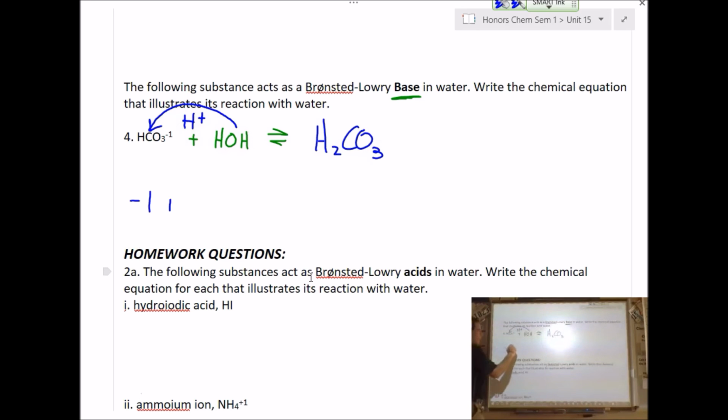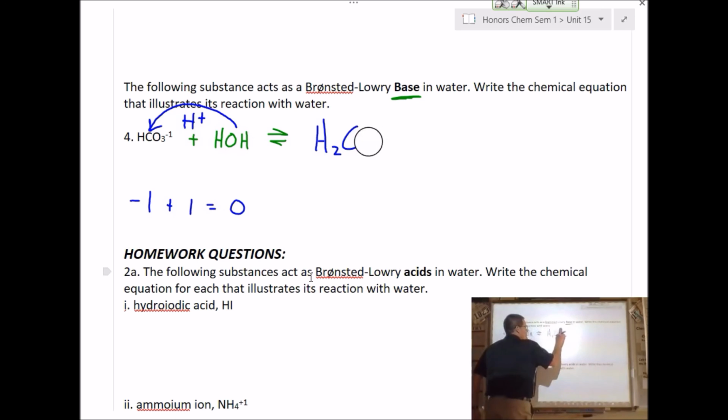So -1 plus 1, 0. Okay. Anybody remember what H2CO3 is called? No, it's some kind of acid. Carbonic acid. Very good. Okay, so carbonic acid. But when you learn something, you don't forget it. And what's the other thing that's produced here? Hydroxide.